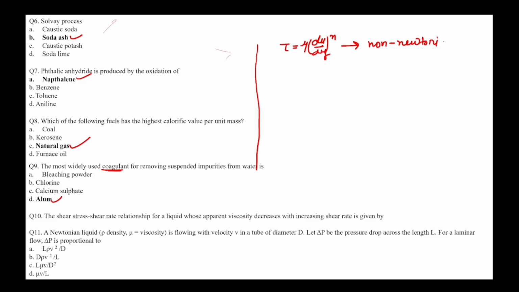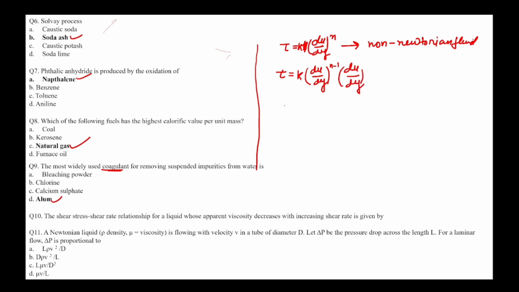For a Newtonian fluid n is equal to 1. We can write this as, actually this is not mu, this is k. So k (du by dy) to the power n minus 1 into du by dy. We have separated out one du by dy, so n minus 1.